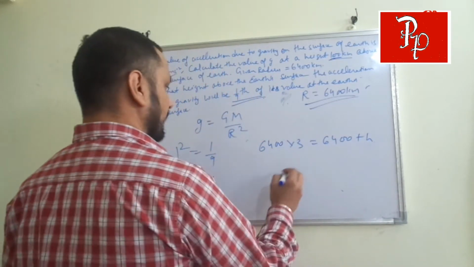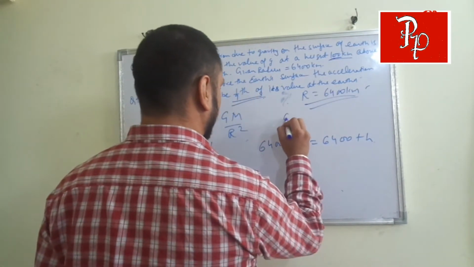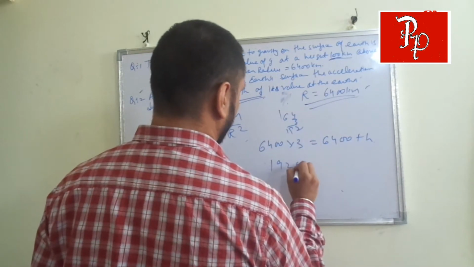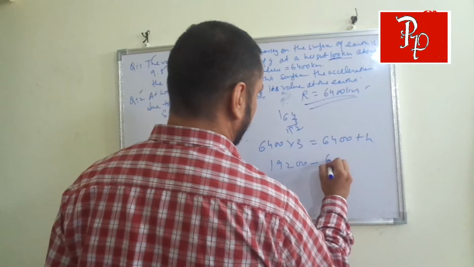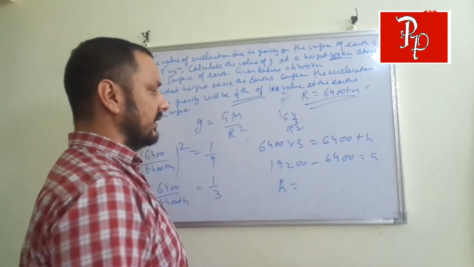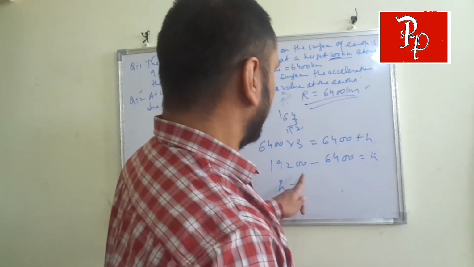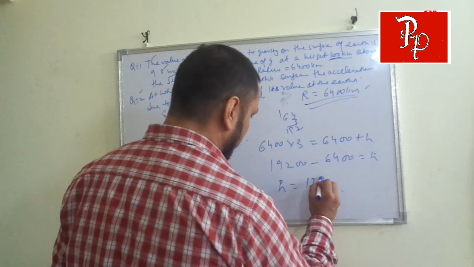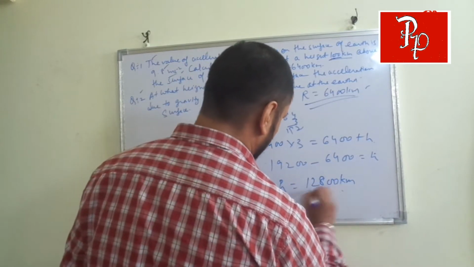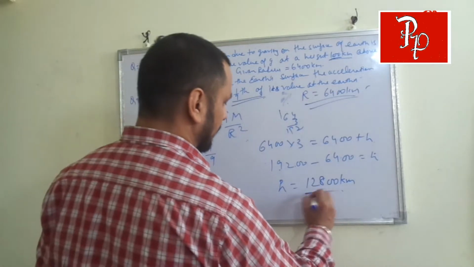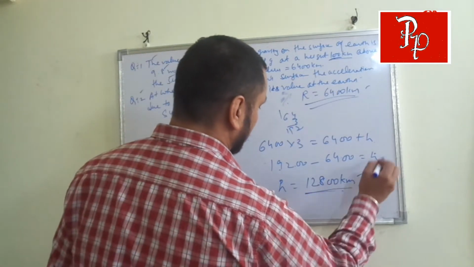Rearranging, we get 19200 minus 6400, that is approximately equal to 12800 kilometers.